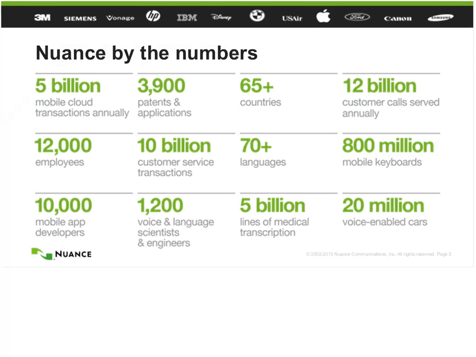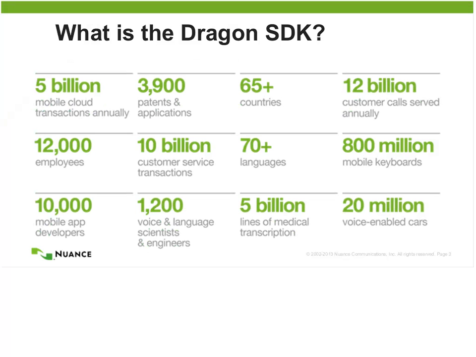We've got over 12 billion customer calls that are served through our IVR system. More than 5 billion mobile cloud transactions take place on an annual basis. And more than 20 million cars are on the manufacturing floor using our voice-enabled capabilities.